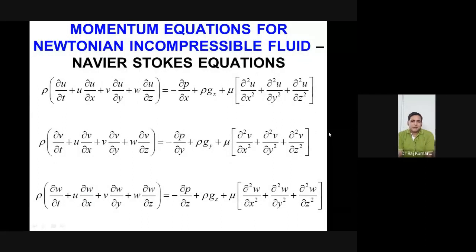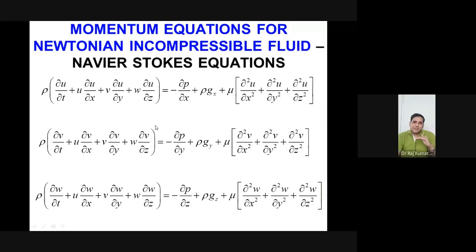So with the yesterday's class and today's class, finally we have derived the Navier-Stokes equations for a differential element, for an incompressible fluid. Newtonian means viscosity is constant. You have also put one more constant, incompressible fluid, and these are your momentum balance equations for XYZ coordinates. Fine.